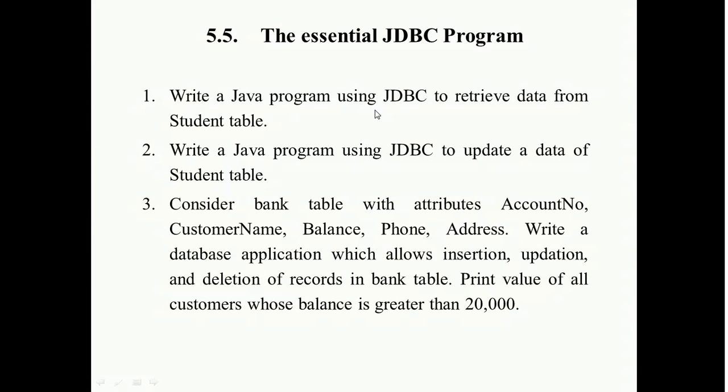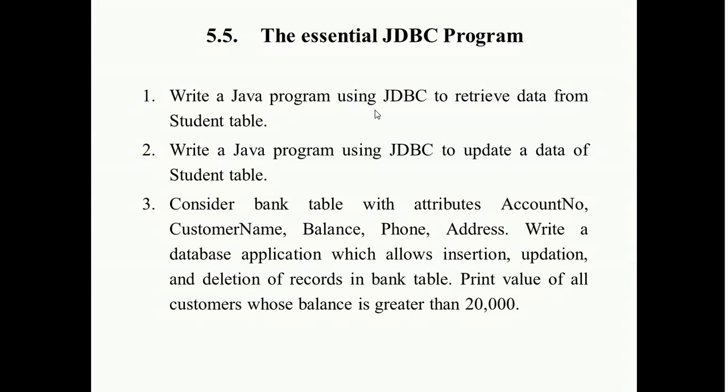We have seen these three programs. In the first program we saw how to retrieve the data from the table. In the second program we saw how to update the data in the table, and at the last in this lecture we studied how to create the table, insert the data, delete some records, and update the data in the table.